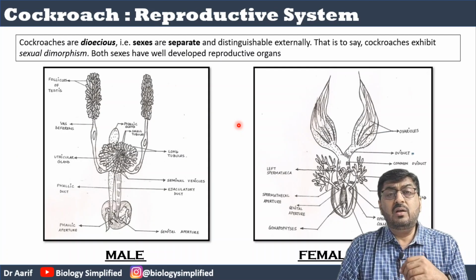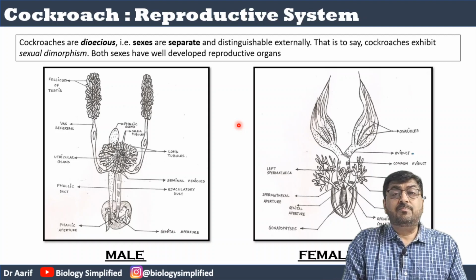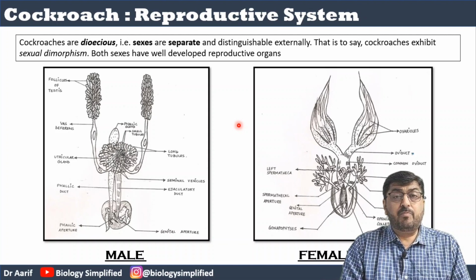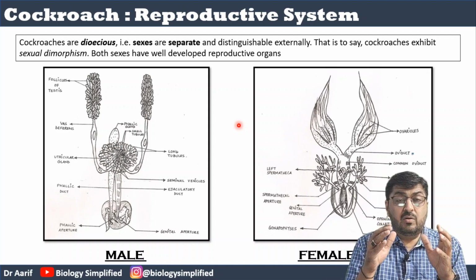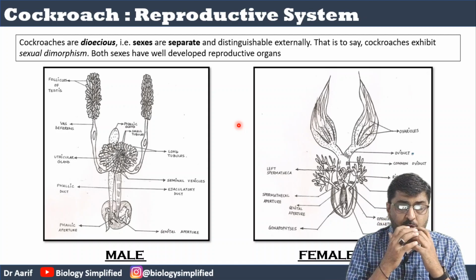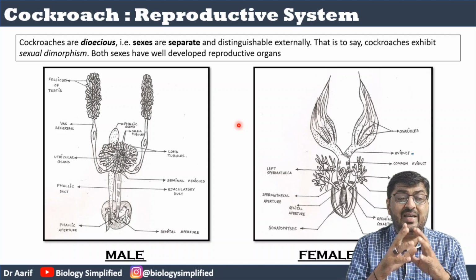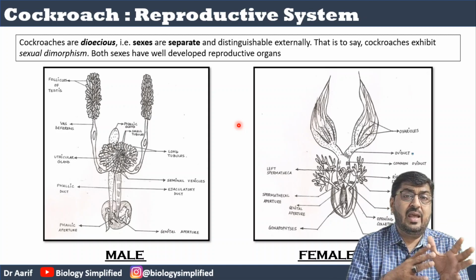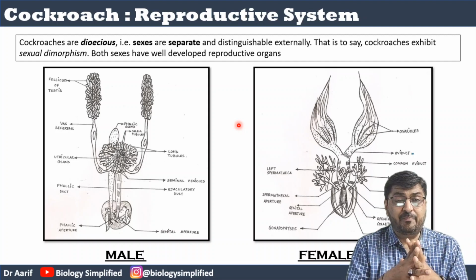Coming to the reproductive system, right? Now, in the reproductive system the important thing that we have to know is cockroach is dioecious. Dioecious means the male and female are separate.